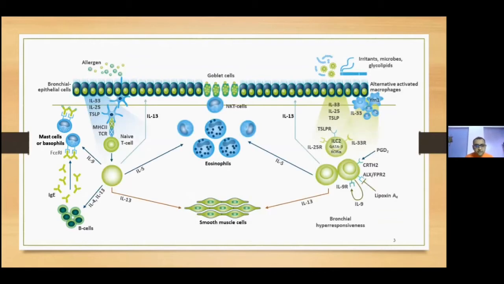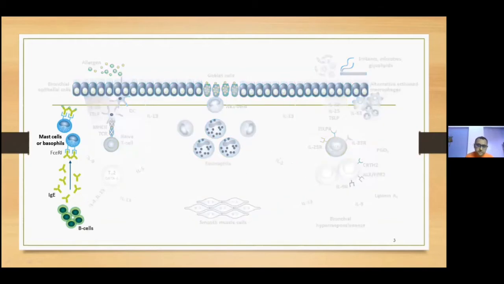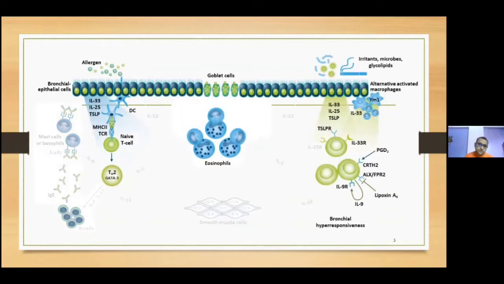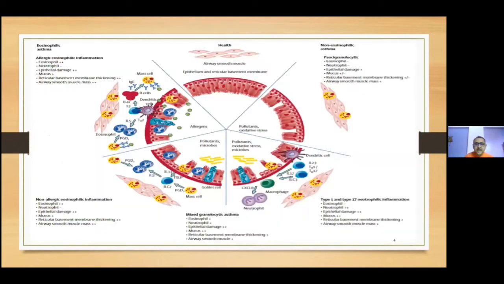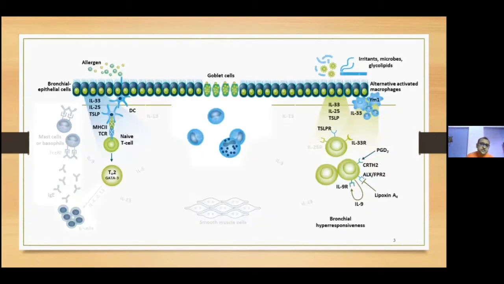Interleukin 5 contributes from both sides, the high T2 inflammatory states and the low T2 inflammatory states, and it generally recruits eosinophils. In normal physiology, there are natural killer T cells which cause cytotoxic killing of the eosinophils, and generally this is hampered in the presence of airway allergy.